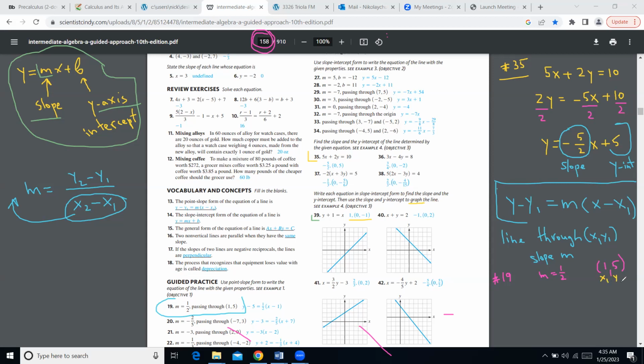And here's our slope. And I'm gonna replace these three numbers into the equation above. And this will give us the line that we were supposed to find.